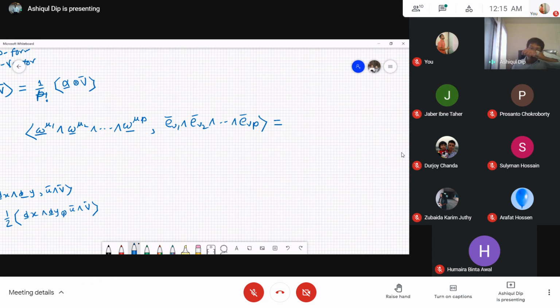What do you expect actually? Okay, let me help you. If mu1 equals 1, mu2 equals 2, and so on up to mu p equals p, and also nu1 equals 1, nu2 equals 2, and so on up to nu p equals p, then what do you expect?